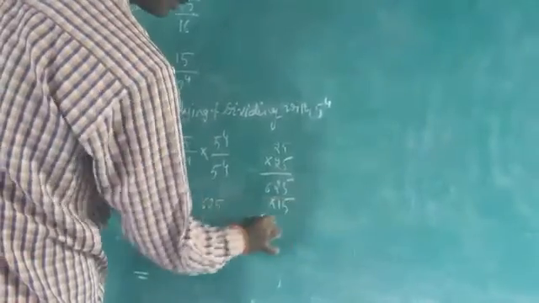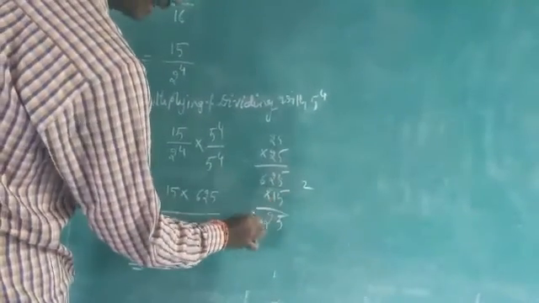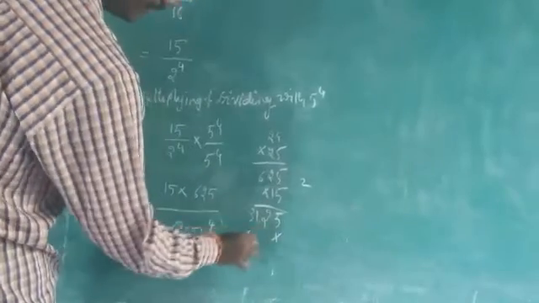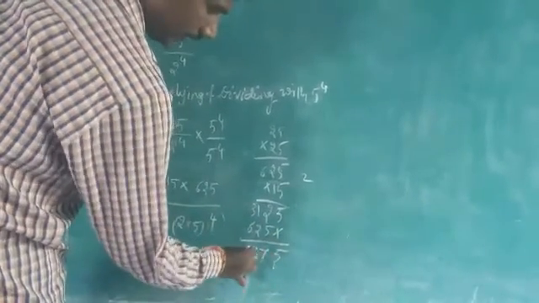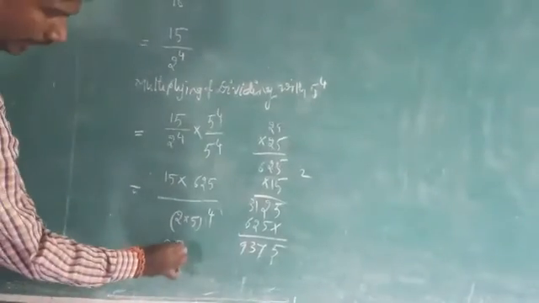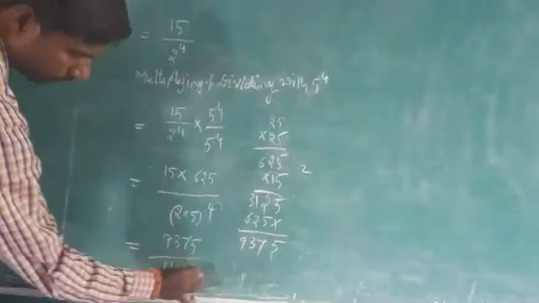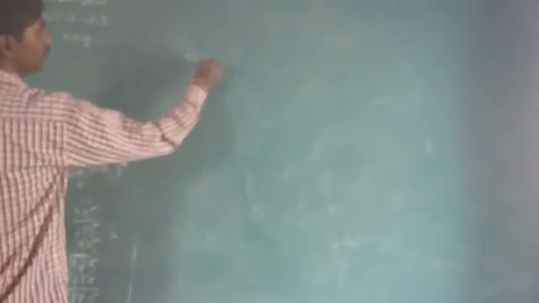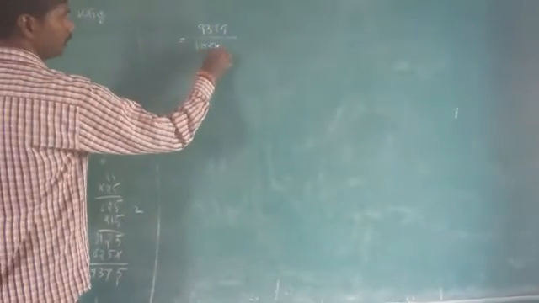So 15 into 625: 5 fives are 25, carry 2, and so on, giving 9375 by 2 into 5, that is 10, to the power of 4. So here you will write 9375 upon 4 zeros, so it is 10,000.